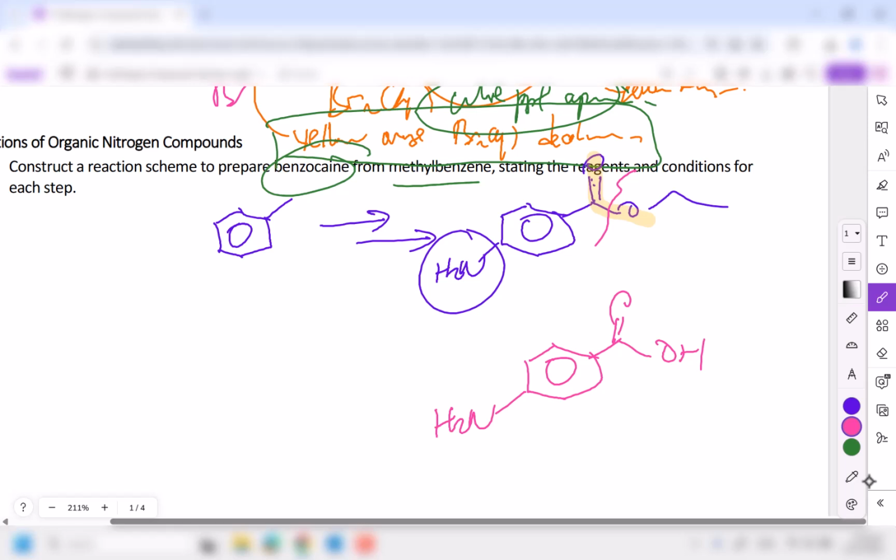So I'm just going to draw the pink structure out, just to show the thought process. From here to here, we're going to perform esterification. So we're going to have ethanol as well as concentrated sulfuric acid as the catalyst. Maybe we want to say a few drops, but maybe not necessary, so we just say heat.